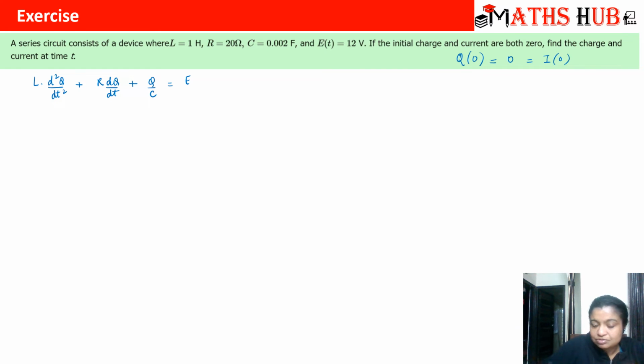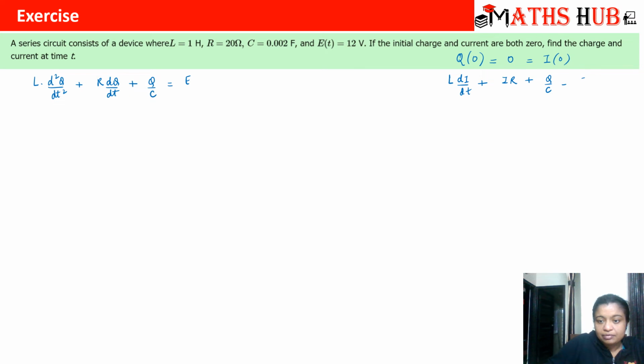If you forget also the second order differential equation, you can quickly write the Kirchhoff's law: the potential drop across L plus the potential drop across R plus the potential drop across C should be equal to E. And then we know that I is equal to dq by dt. So you can just quickly replace it and you will find that we get this equation, right? So this is your mental work.